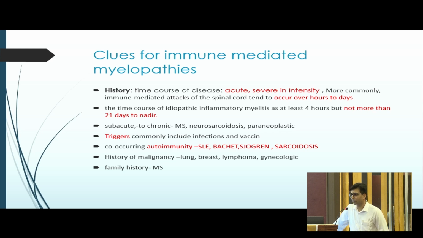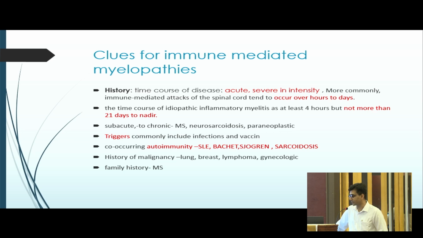Sometimes subacute to chronic cases are there, like in neurosarcoidosis, paraneoplastic, and multiple sclerosis, which present as chronic myelopathies. Other history parts are triggers: post-infectious, post-vaccination, and co-occurring autoimmunity like SLE, Behçet, Sjogren, sarcoidosis. In case of paraneoplastic myelopathy, there is a history of malignancy that includes lung, breast, lymphoma, gynecological, and family history, particularly in multiple sclerosis.